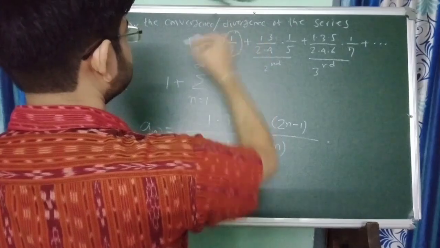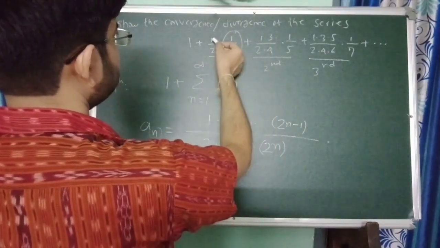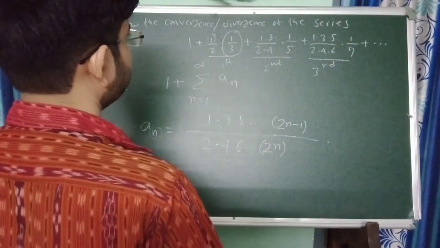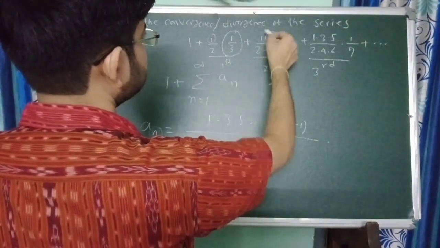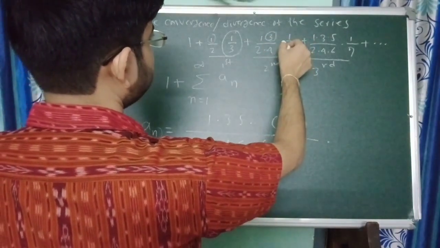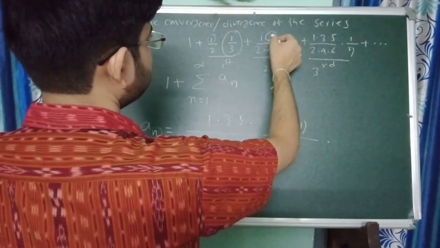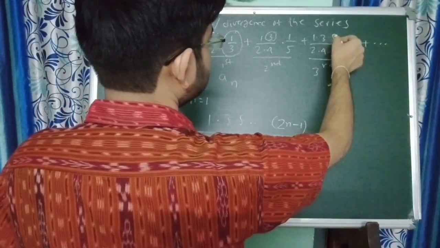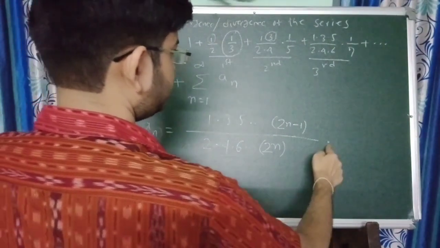In the first term, 1 by 3, the 3 is 2 more than the numerator part, which is 1 here. The last numerator part here is 3, and it is multiplied by the second term, 1 by 5, where the 5 is 2 more than 3. Here 7 is 2 more than 5.